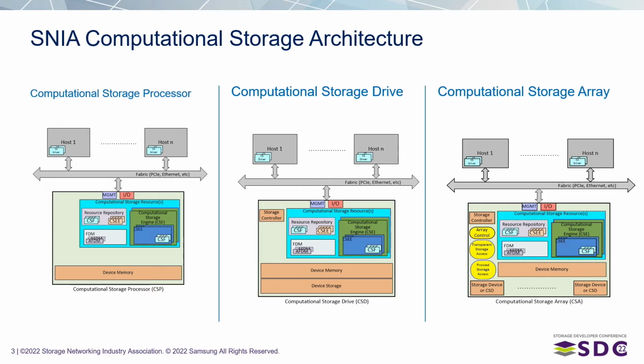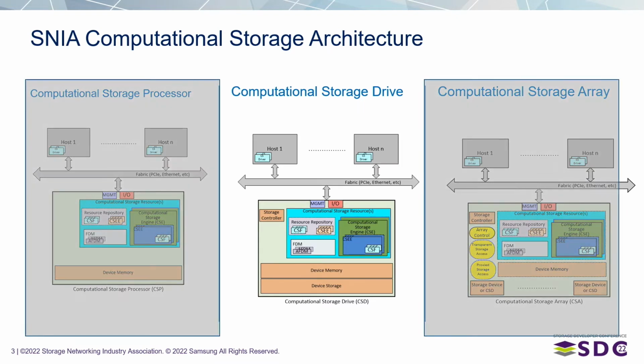There's the computational storage drive, which is your standard SSD with computation added, and there is a computational storage array that is a combination of multiple storage devices that may or may not include computation. For this presentation, I'm just going to focus on the center picture, which is the computational storage drive.